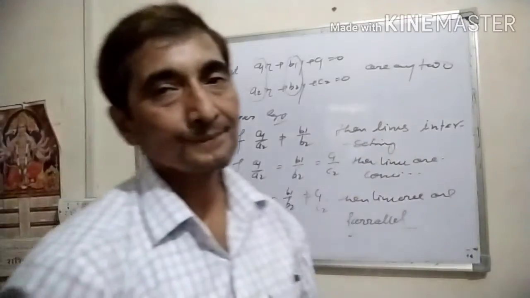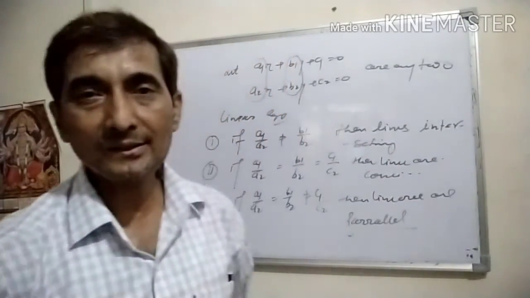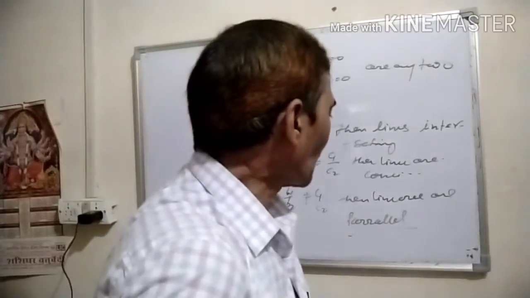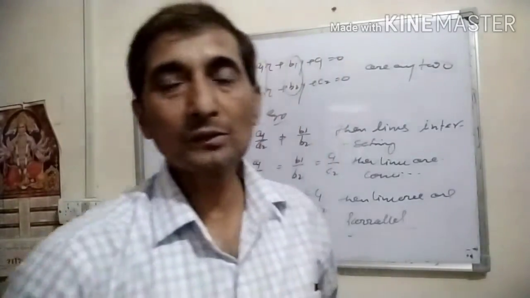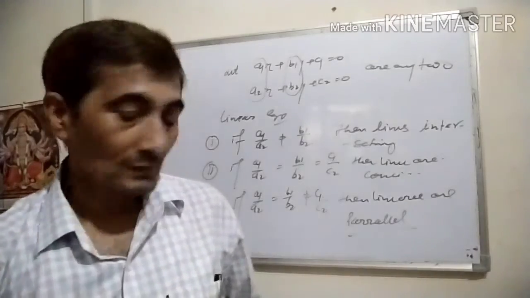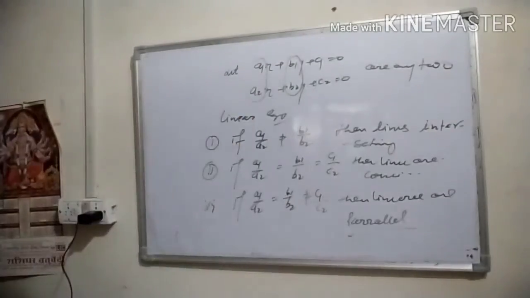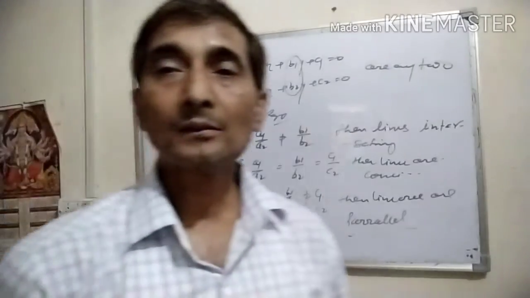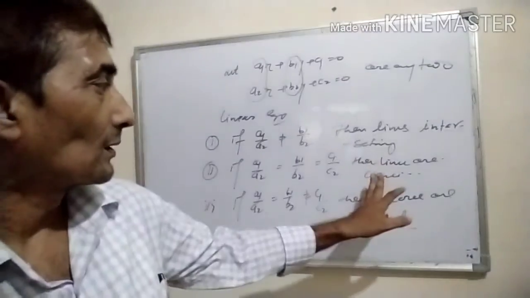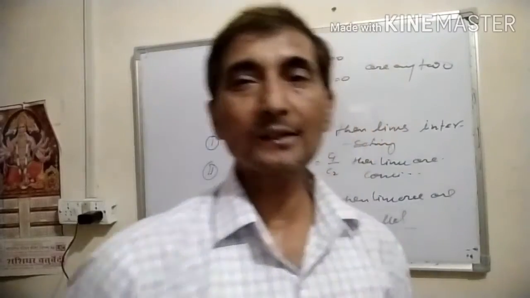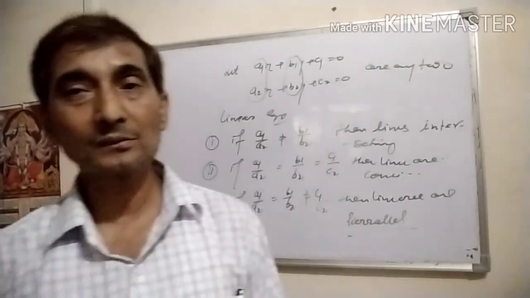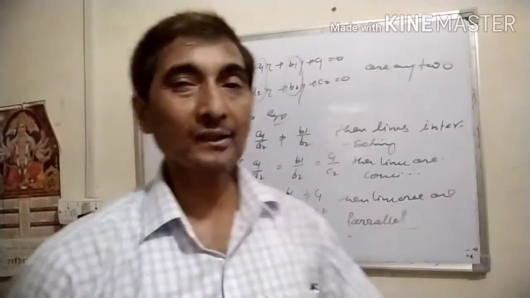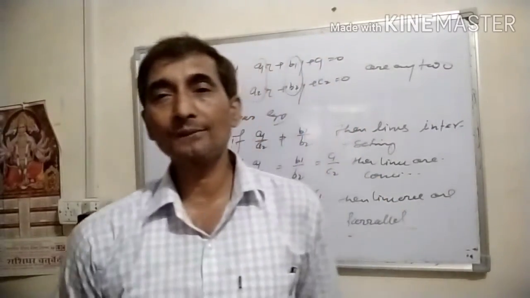In the first condition, if lines intersect, then the solution is unique. Second, if lines coincide, then the number of solutions is infinite.